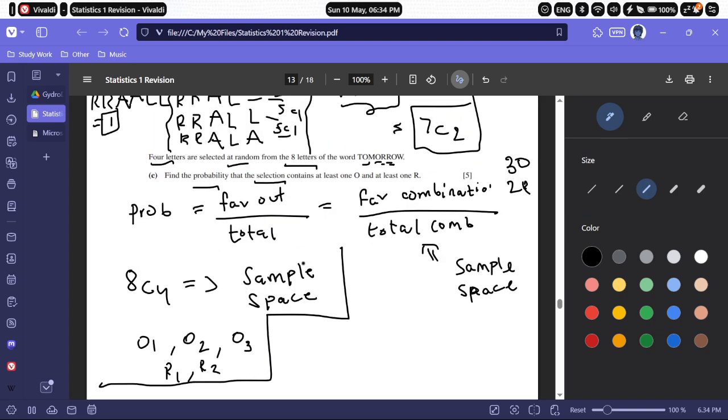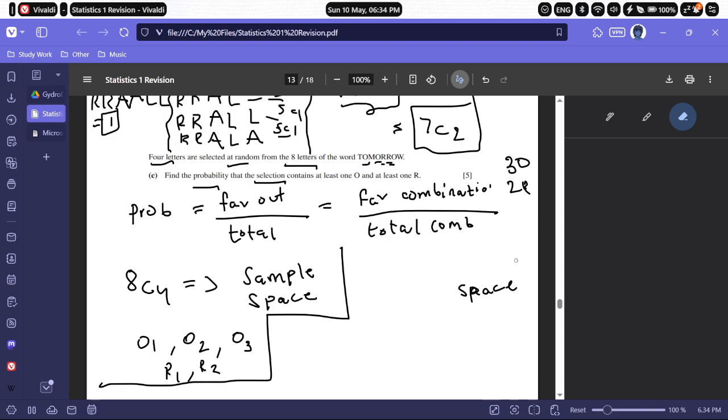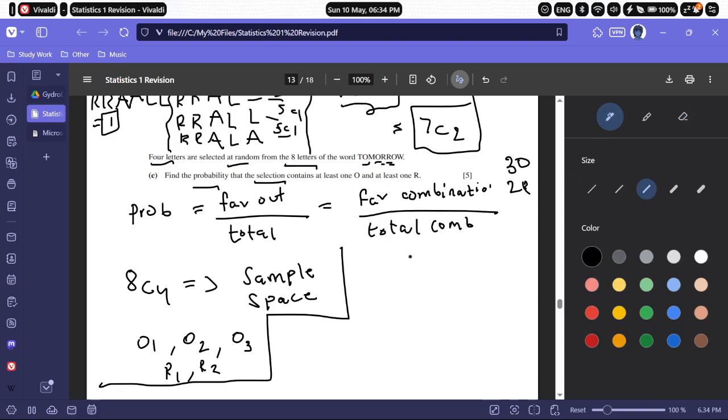Find the probability that the selection contains at least one O and at least one R. Let me just erase this. Now you just think about all your favorable combinations. You're choosing four in total. That's your first case.